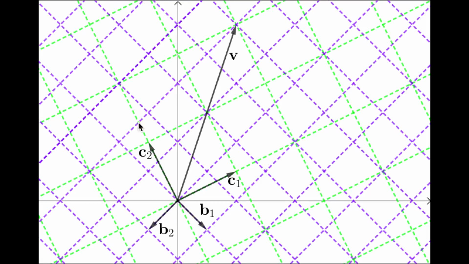So we need to go up and to the right to go in the negative direction. Okay, so starting over again, we go -2 in the B1 direction, -1, 2, 3, 4 in the negative B2 direction, and there we are. We're right at the end of vector V. So the coordinates 2, 2 with respect to C, and -2, -4 with respect to B are the same vector.